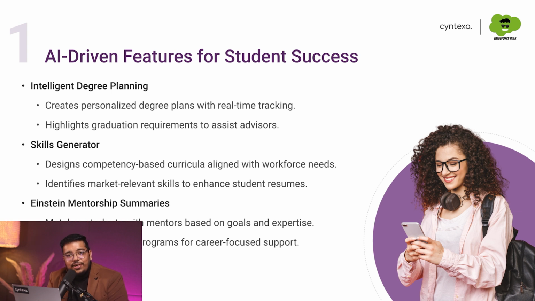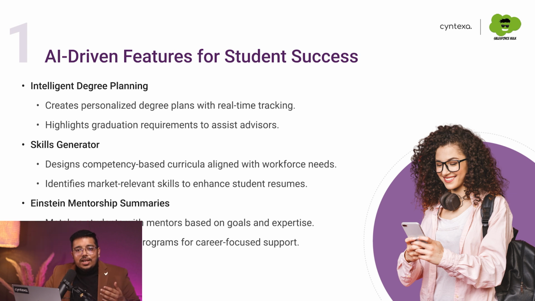Then we have a skills generator. If you are a person who got enrolled, or maybe you are looking at various colleges and various degrees that you might be considering, you want to see whether this particular degree is going to be good for me, or whether it has skills that I would be getting which are relevant to the market.